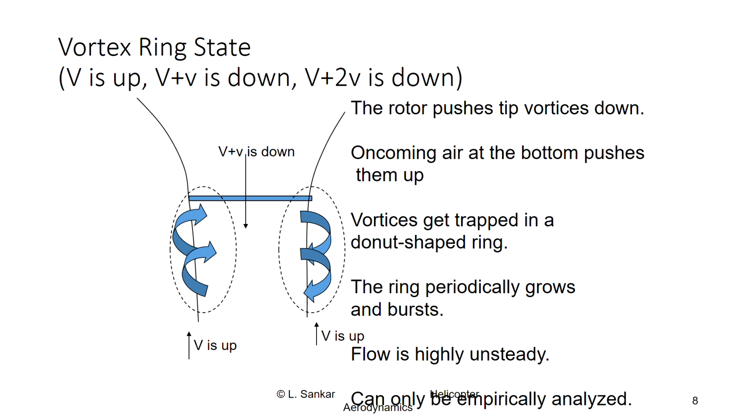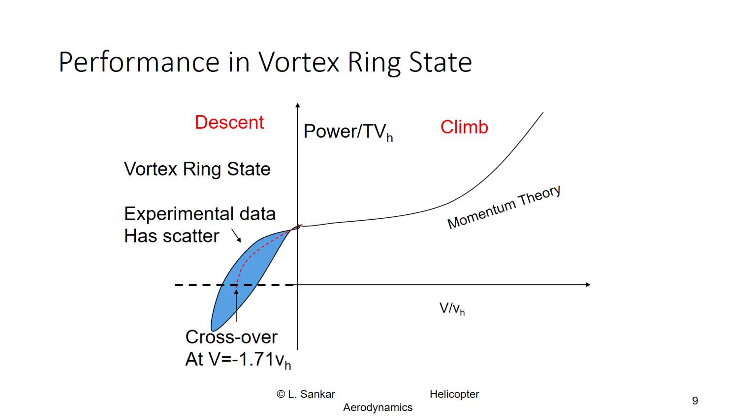So if you look at how much power is being supplied by the rotor, you get a scatter because of this unsteadiness. So in the blue region, notice that now we are on the left side of the curve. Capital V is negative, so we are descending. The vertical axis is the power needed in descent.